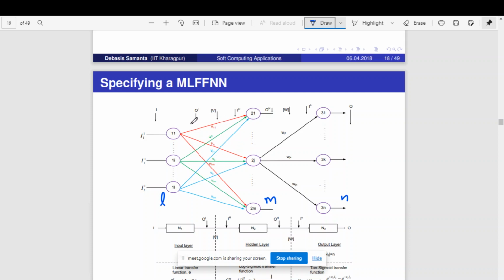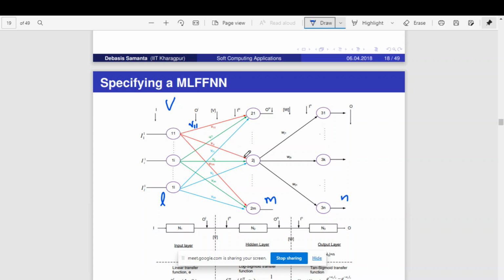The weights between the input layer and the hidden layer are represented using the notation V. For example, this weight is V11, the weight from the first neuron of the input layer to the first neuron of the hidden layer. Next will be V12, V13, so on and so forth.